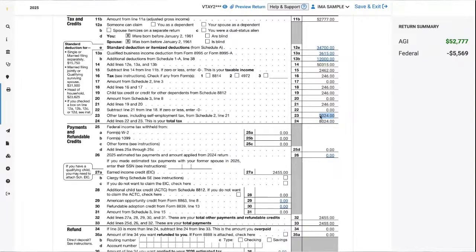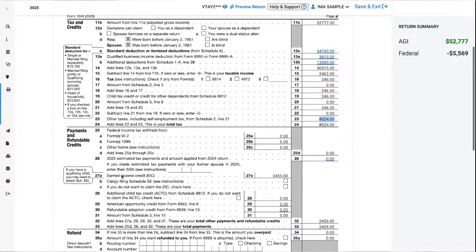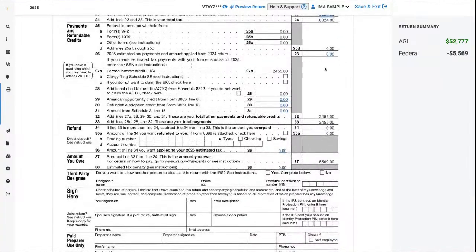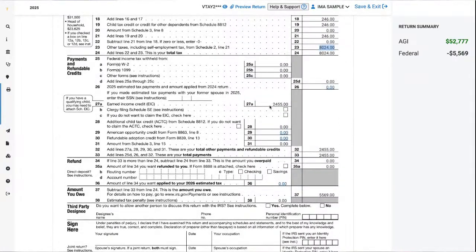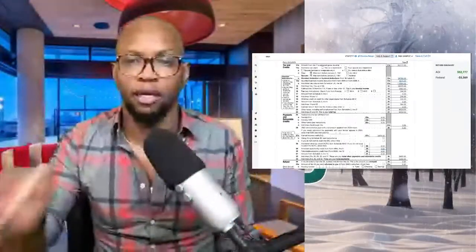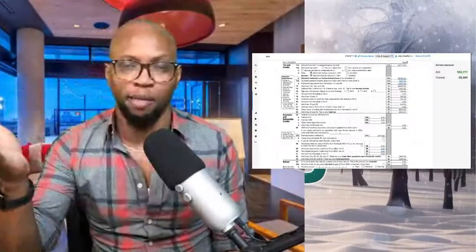So they actually owe $8,024. But since they did qualify for $2,455 of earned income credit, they take this $2,455, subtract that from the $8,024, and that's how we end up with $5,569. It's probably not as easy to understand as I originally thought it would be to explain, but at least you see the numbers.